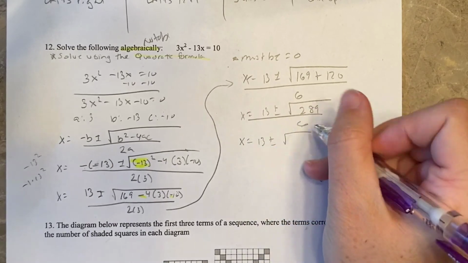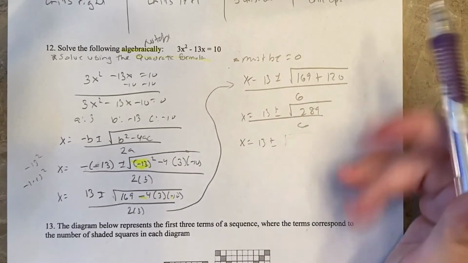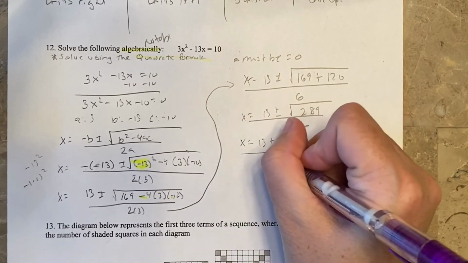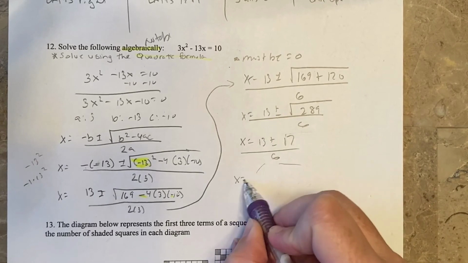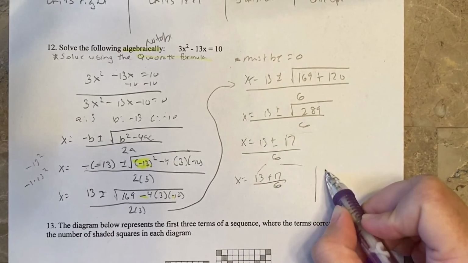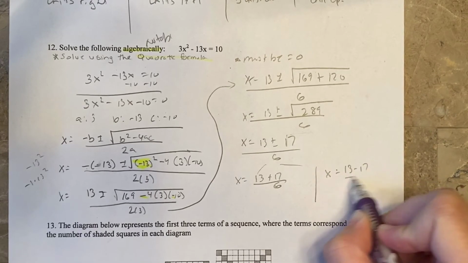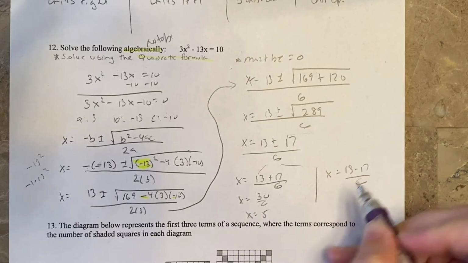How nice, they gave us a perfect square. So remember, when you take the square root of it, the radical sign does disappear. And then this is normally when we would split it up. So you have 13 plus 17 over 6. And then your second case is your 13 minus 17 over 6. So that's 30 over 6, which is 5.